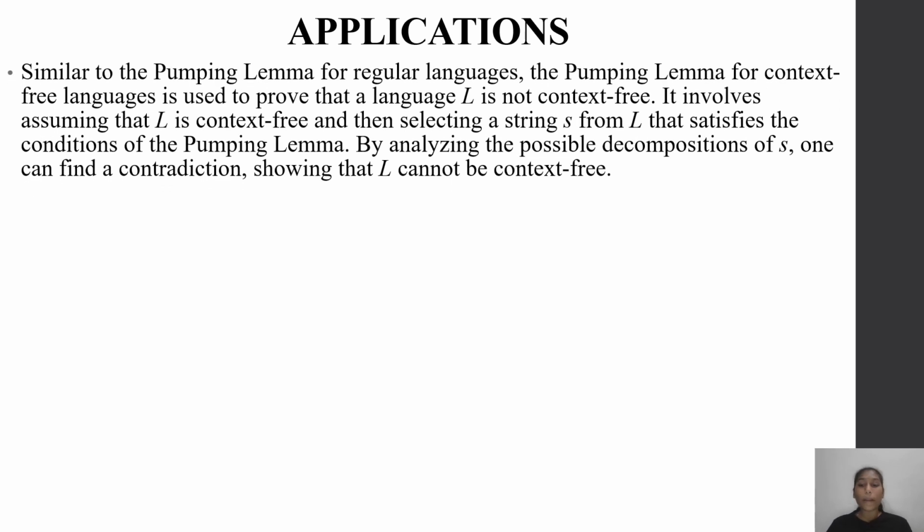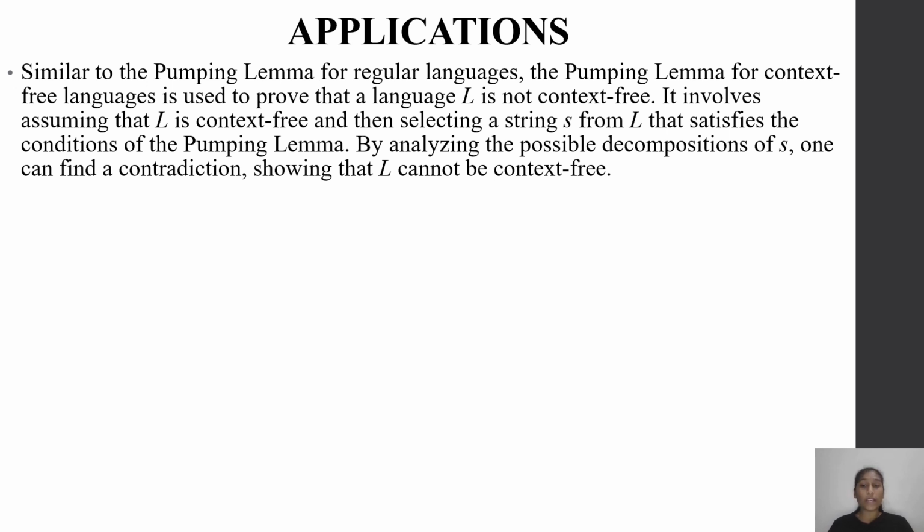Similar to the pumping lemma for regular languages, the pumping lemma for context-free languages also uses the contradiction process. It involves assuming that L is context-free and then selecting a string S from L that satisfies the condition of pumping lemma.